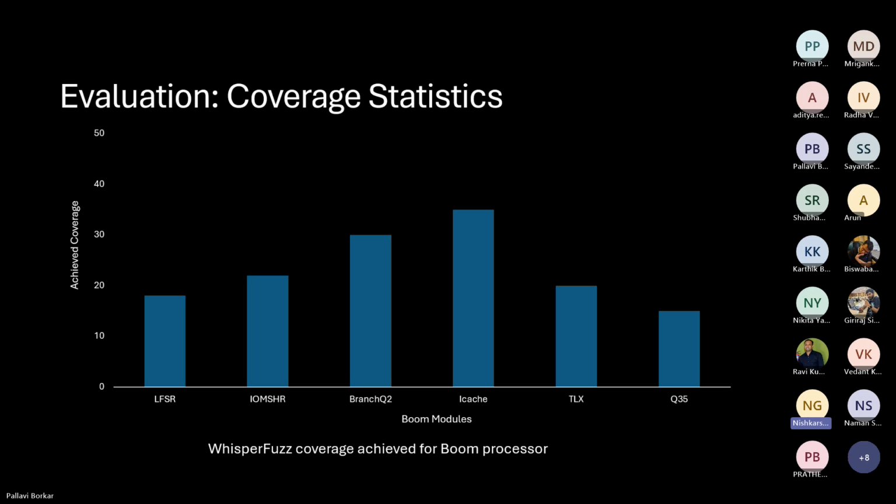Hi, Pallavi. Thanks for the wonderful talk. I myself work in the area of network architecture security, so I have a few questions regarding the security. Can you go to slide 12?